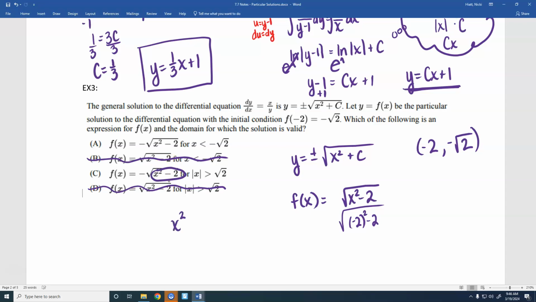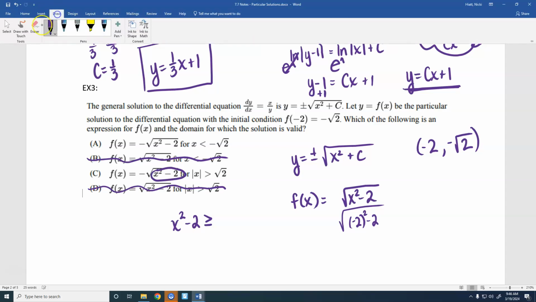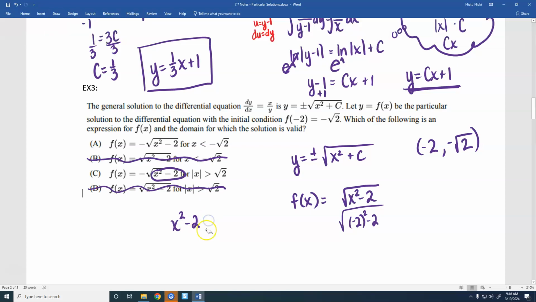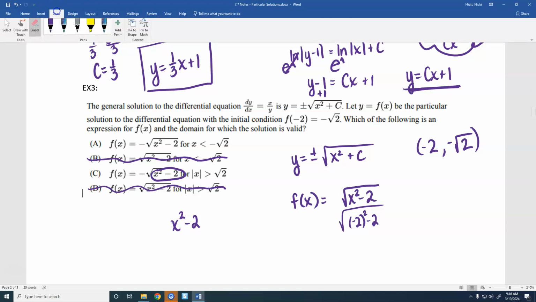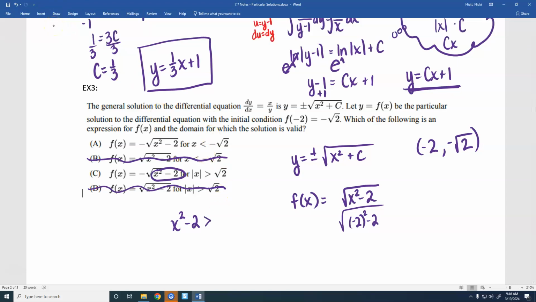So x squared minus 2 has to be greater than or, why not equal to? I don't really know why it's not or equal to, because you can take the square root of 0 and it's 0. But obviously they don't have an or equal to, so we're not going to put or equal to. Greater than 0.